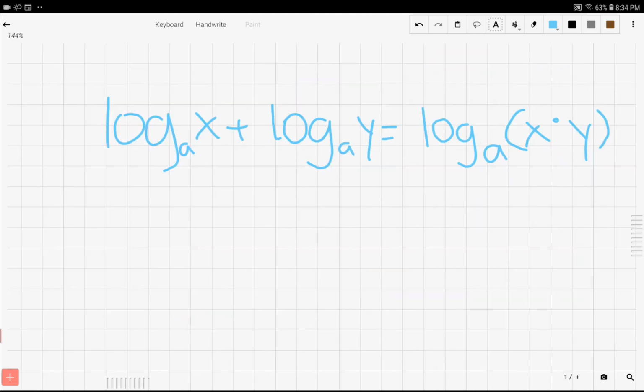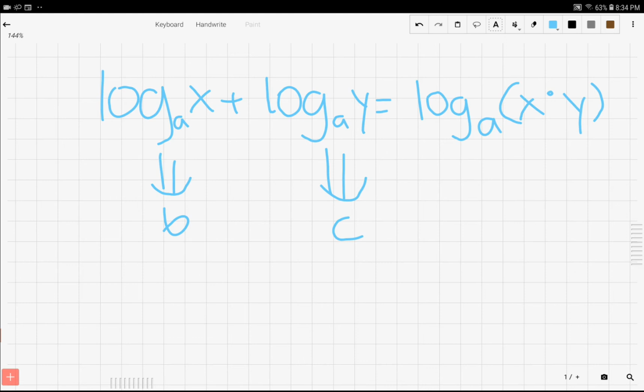Now that we've got the definition of logarithms down, we can start with some simple logarithmic identities. The first one that we're going to start with is log a of x plus log a of y is equal to log a of x times y. And the reason why this is true is because if we simplify this to the exponential form, let's say this is equal to some number b, and this is equal to some number c.